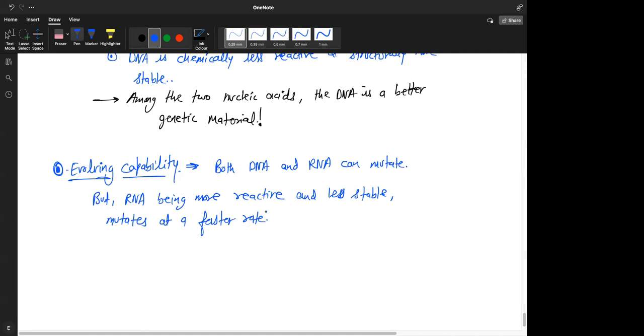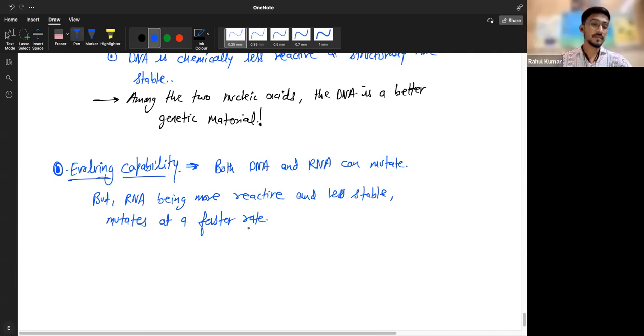Yes. So RNA, being more reactive and less stable, mutates at a faster rate. So RNA viruses have shorter lifespans and they evolve faster.